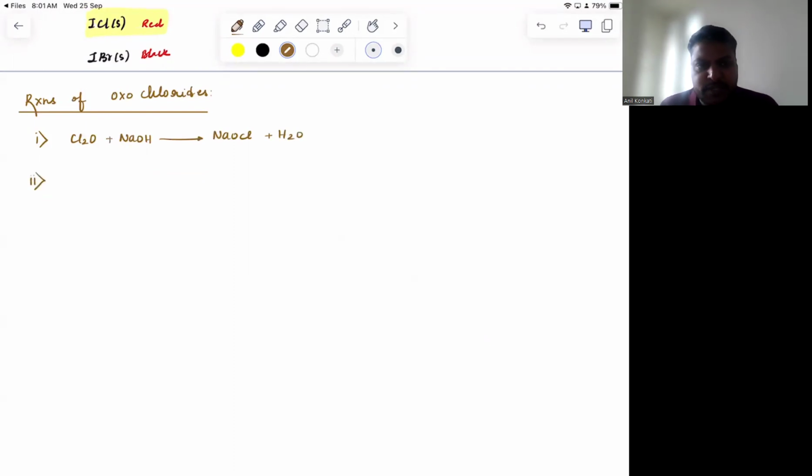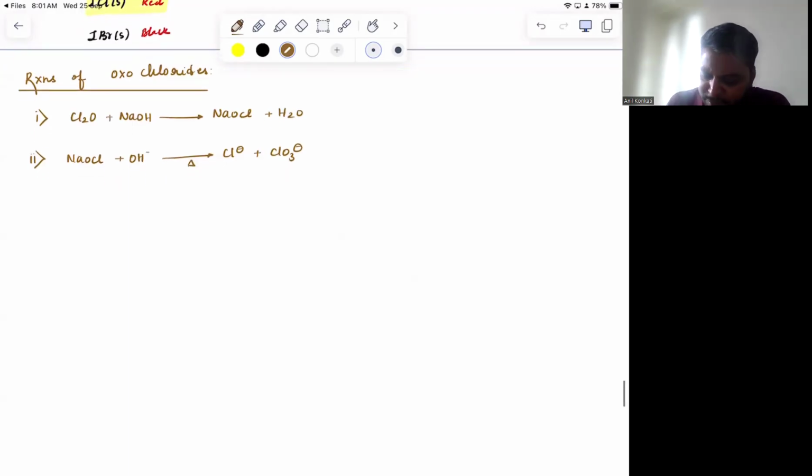Second reaction. If you have NaOCl here and you treat it with OH minus again and heat it strongly, then it will get disproportionated to become Cl minus and ClO3 minus.